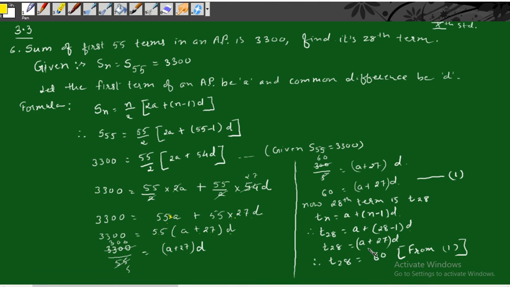So as we know, A plus 27D is 60. Okay, so instead of this I'll put down 60. So I'll get the 28th term is 60.